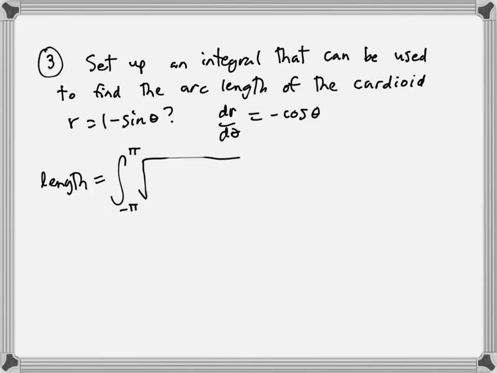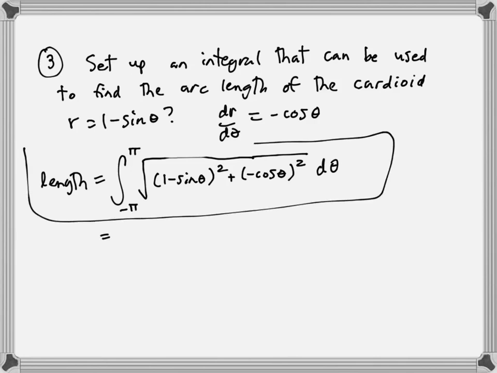And it's going to be the square root of r squared plus (dr/dθ) squared, and then d theta.